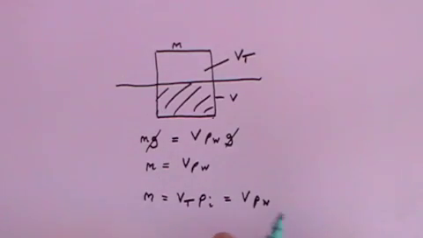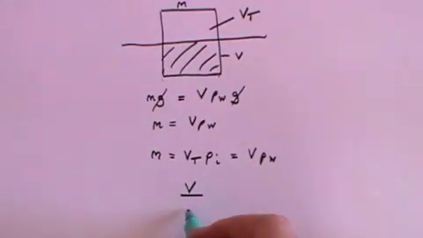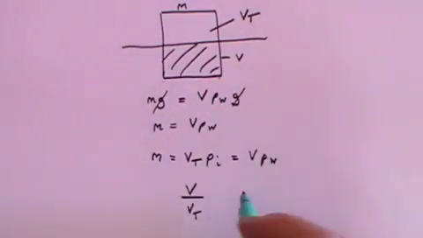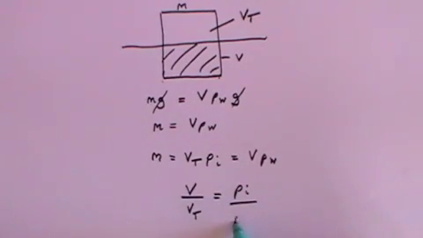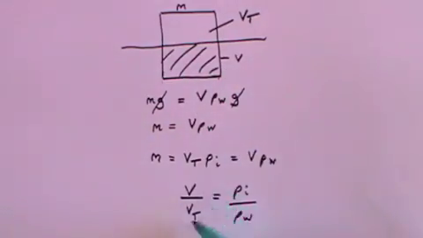And thus we get the equation that V divided by V_T, that's the amount underwater divided by the total volume, is equal to the density of ice divided by the density of water. And since the volume underwater is less than the total volume, this is less than this, that means that must be less than that. So the density of ice must be less than the density of water, and that's why ice floats on the water.